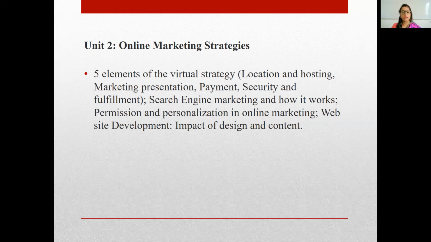So search marketing talks about how exactly they have evolved and how companies in today's era are able to utilize the same at their best. Then we'll try to understand what is permission marketing and personalization marketing. We'll try to learn the difference between the permission marketing and the personalized marketing.